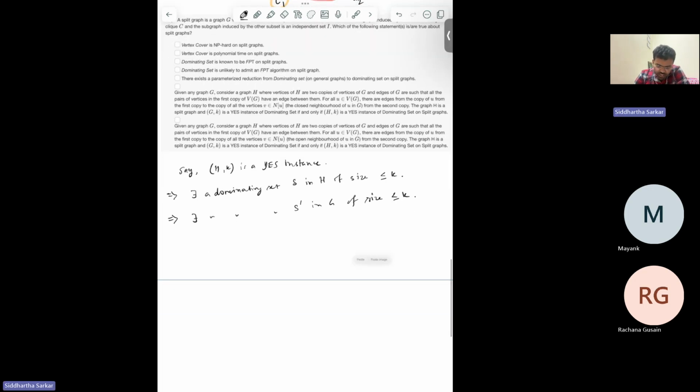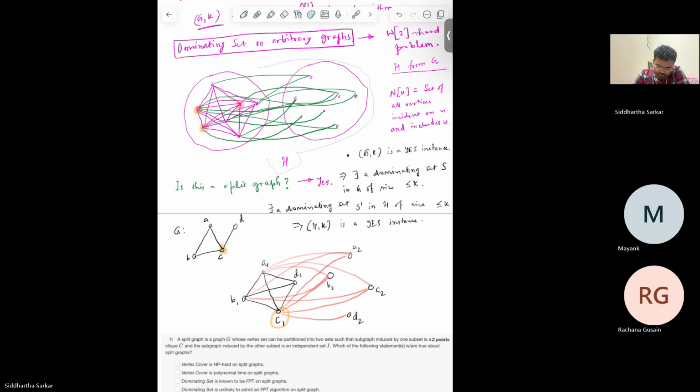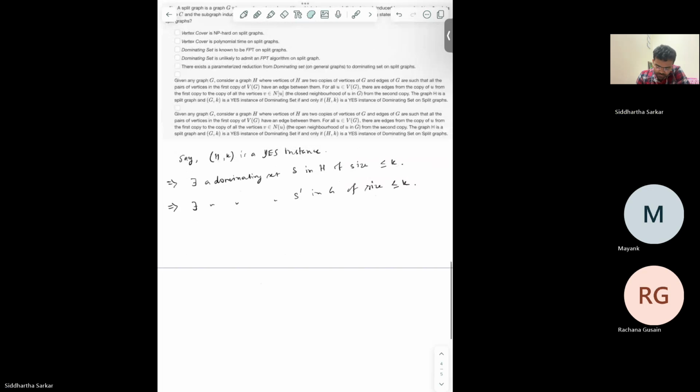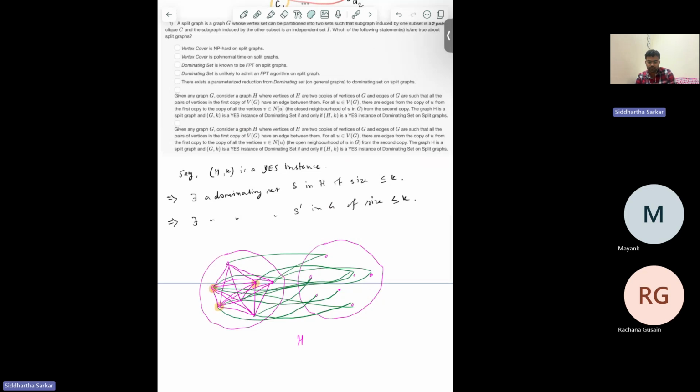So consider H. This is our H, and H looks something like this. There is some set of vertices that form this dominating set. Let us say some vertices from this side and some vertices from this side form a dominating set. So you take all the original vertices.